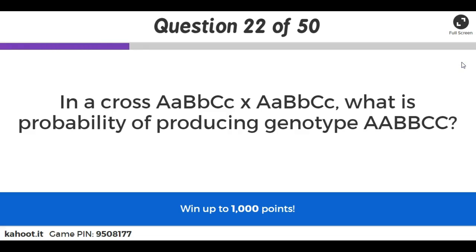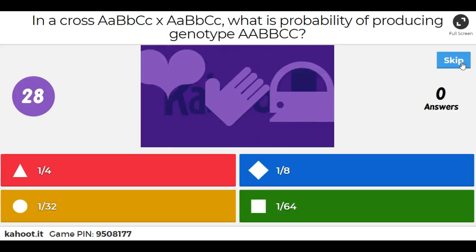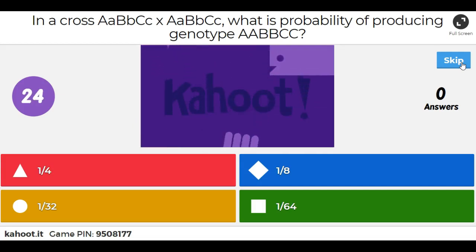In a cross given between the two genotypes, what is the probability of producing an offspring that is completely dominant, so homozygous dominant, for each of the traits?